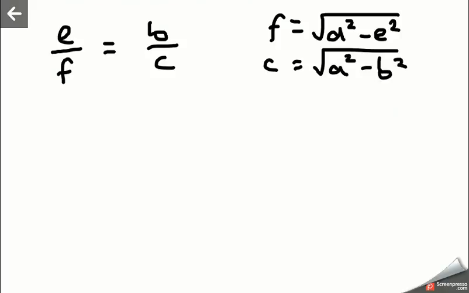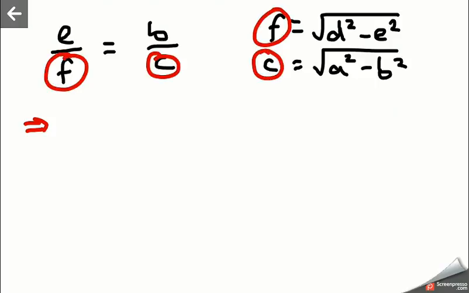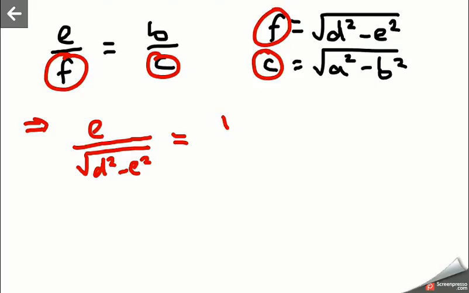Sorry if this D and A look a bit like each other. Hopefully that fixes it. Okay, so now let's put these where they should go. And that gives us that E divided by F, so E divided by the square root of d squared minus e squared, is actually equal to B divided by the square root of a squared minus b squared.